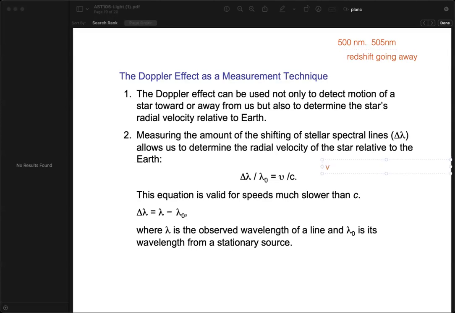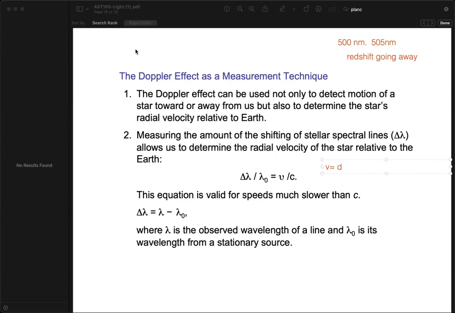I will move the c over to the other side. Now, the delta symbol, how do I make it?